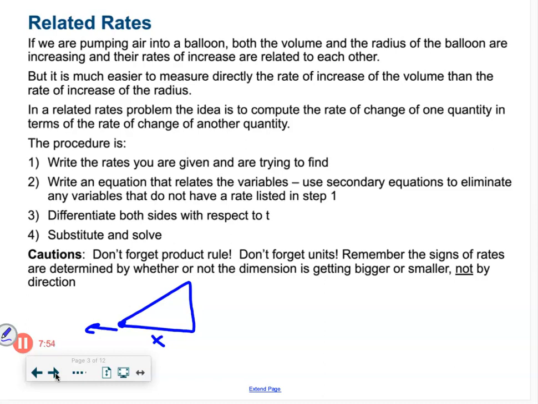Because if I drew my triangle this way, it's the exact same rate, and it's moving to the right. It has nothing to do with how you drew your picture. It is whether the dimension is getting bigger or smaller. If x is getting bigger, it's a positive rate. If x is getting smaller, it's a negative rate, regardless of direction.